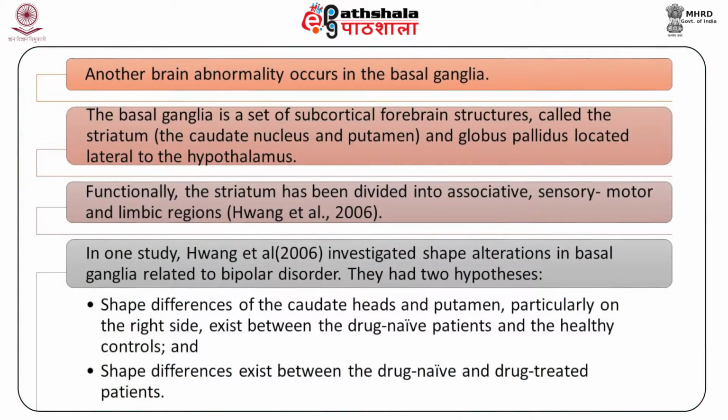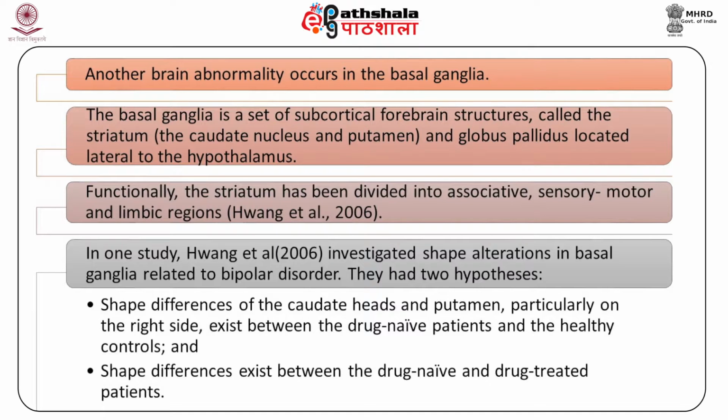Another brain abnormality occurs in the basal ganglia. The basal ganglia is a set of subcortical forebrain structures called the striatum, the caudate nucleus and putamen, and the globus pallidus located lateral to the hypothalamus.